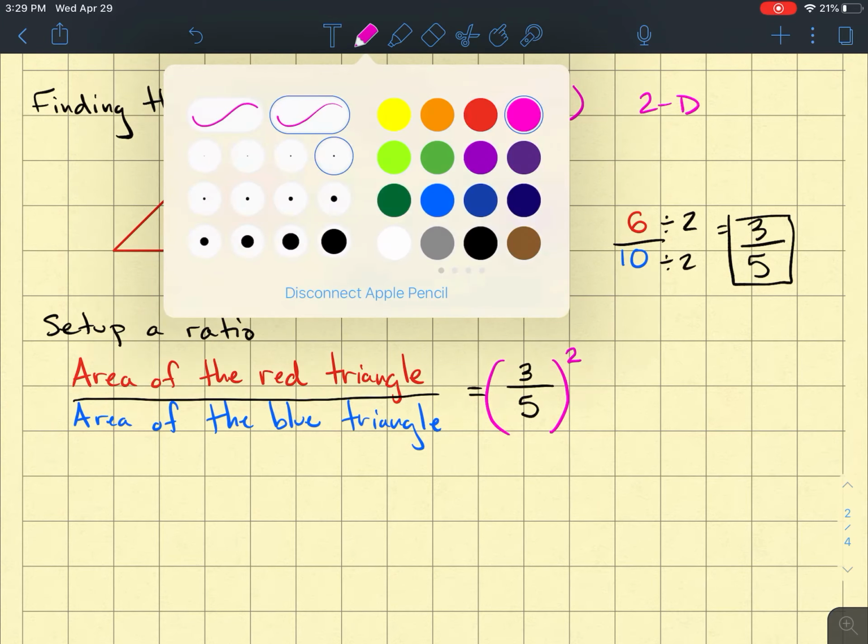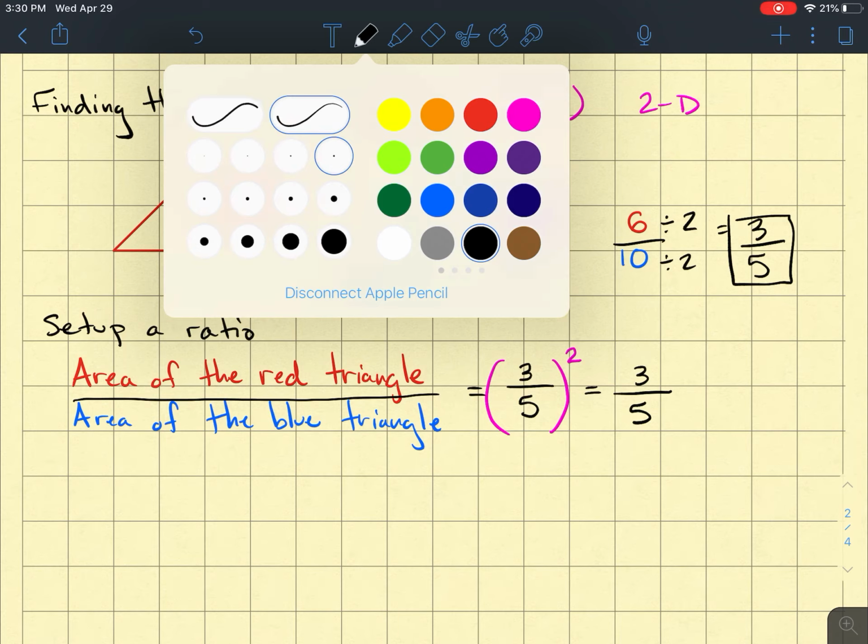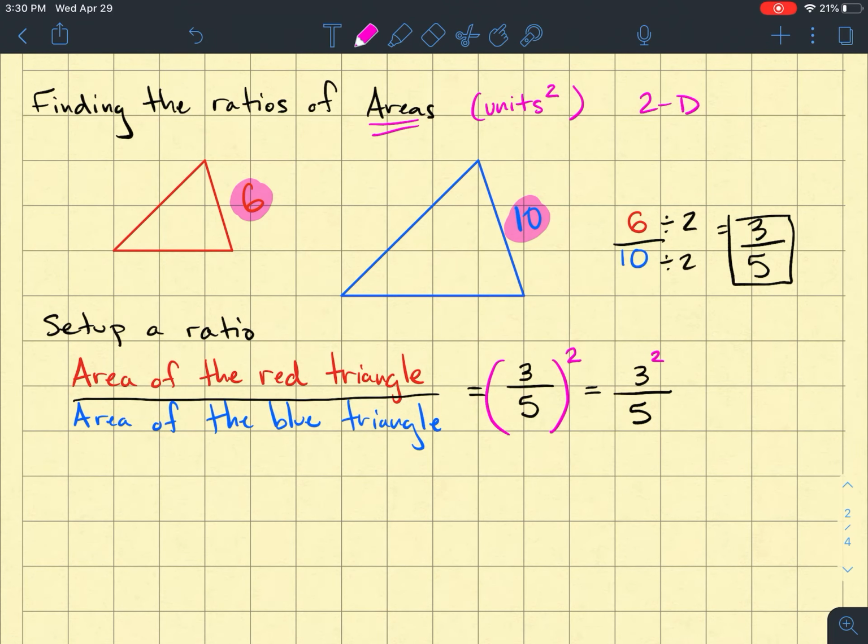Square. We need to square them. So don't flip out because you're squaring a fraction. All you're doing to that fraction is applying that square to both of those numbers. So on the top, I would have 3 squared, 9. On the bottom, 5 squared, 25.